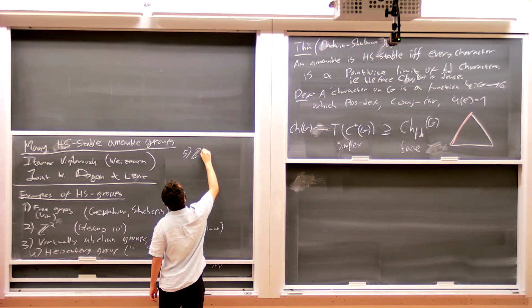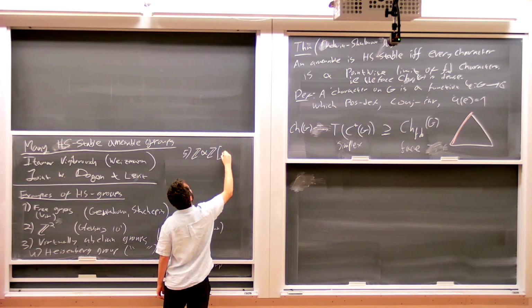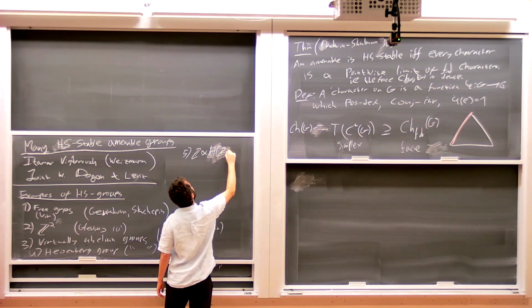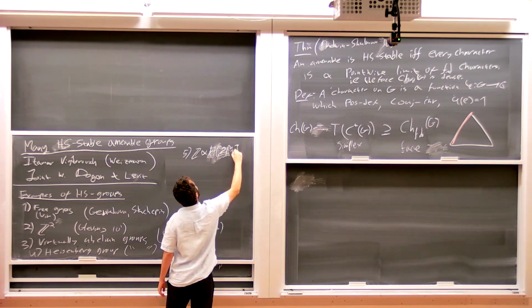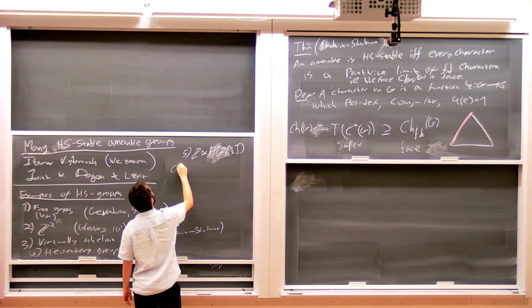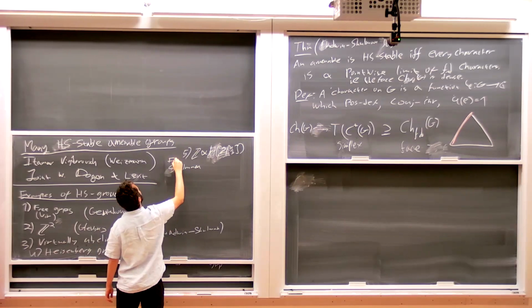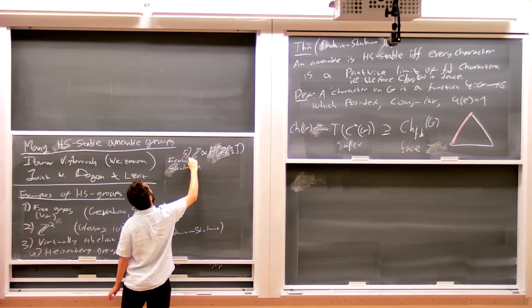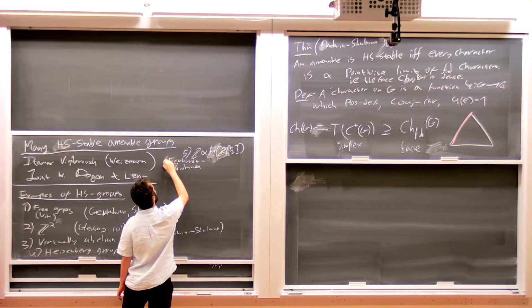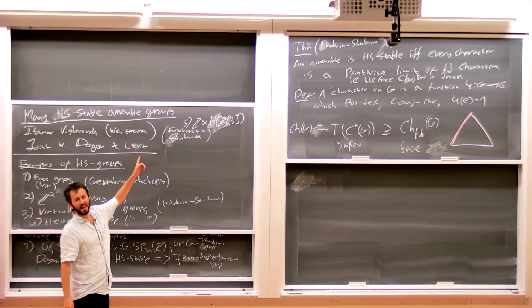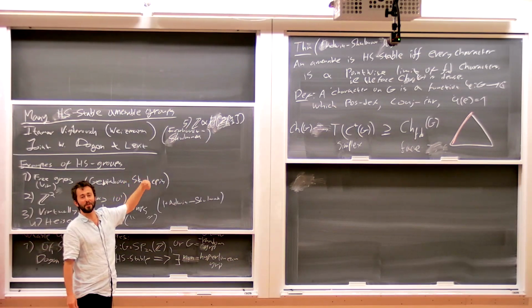There's also a nice example by Shulman and Eckhardt. What's interesting about this example is that this group is not stable in permutations.